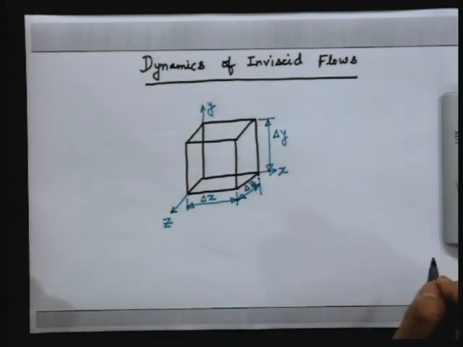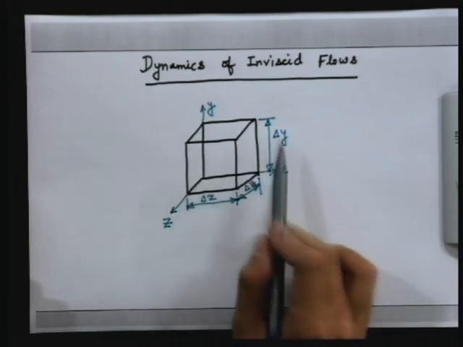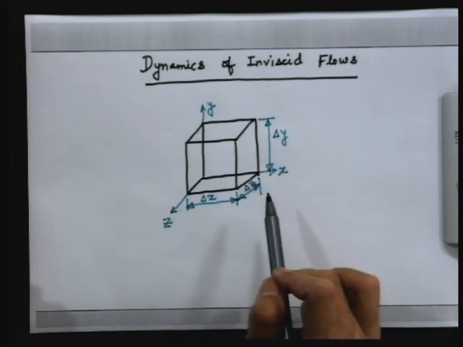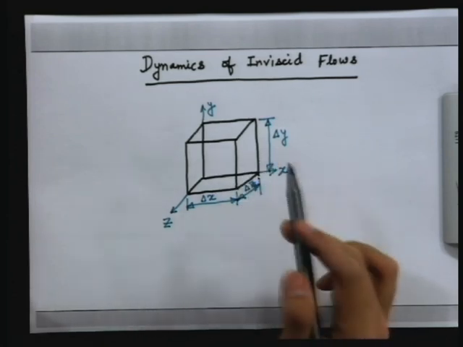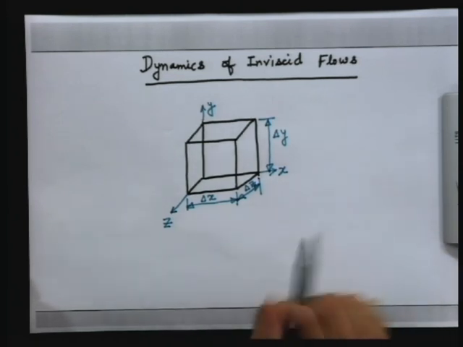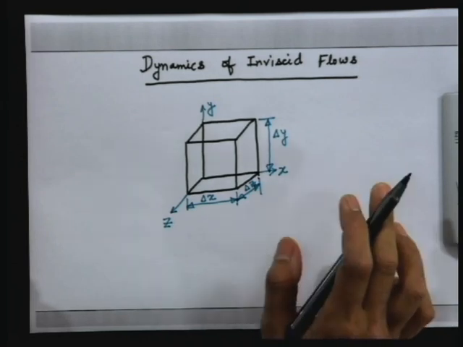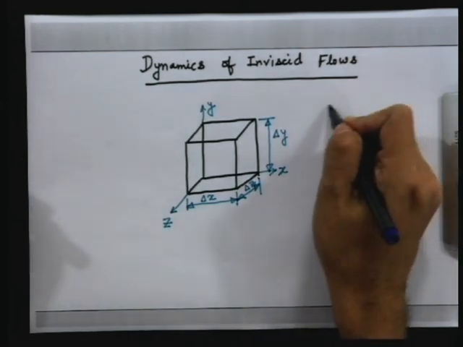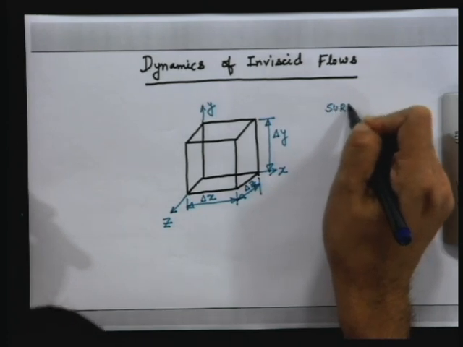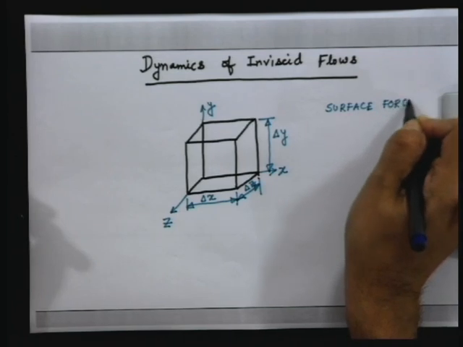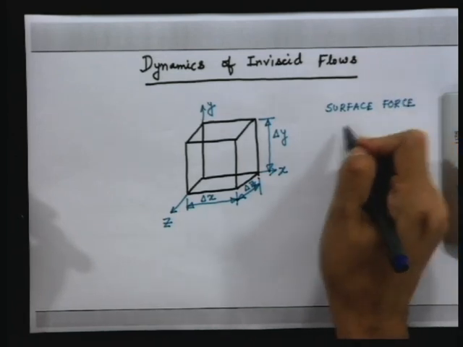Now, we will write a description of the resultant forces acting on this box. What can be the forces for inviscid flow? You have to remember that in continuum mechanics there are two types of forces, one is a surface force and the other is the body force.